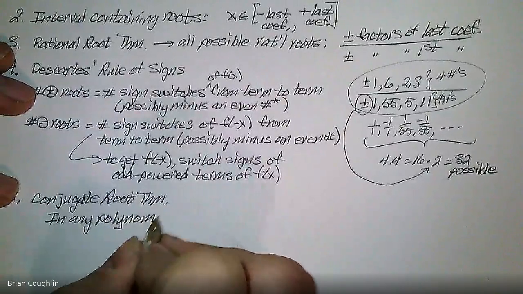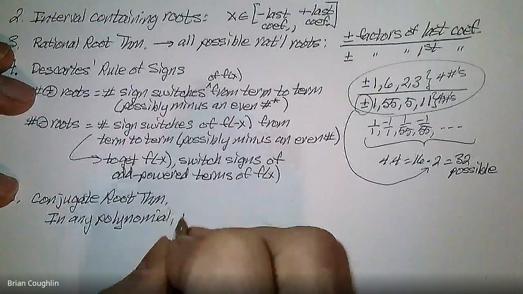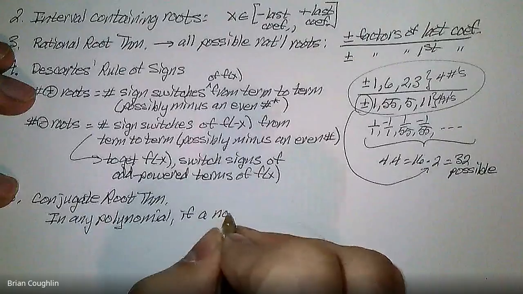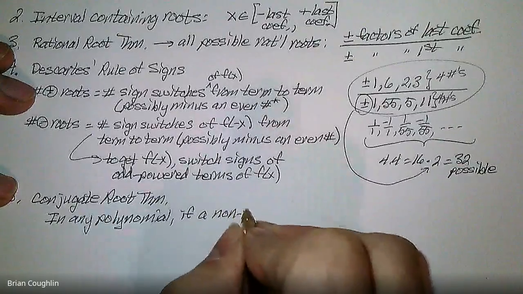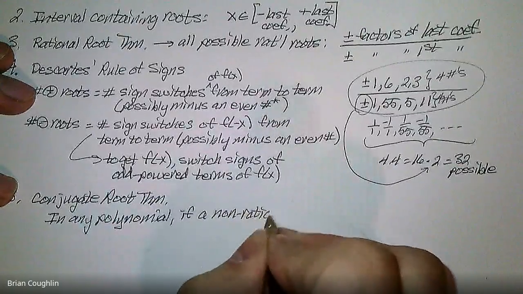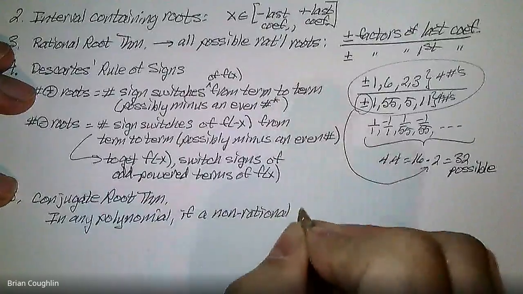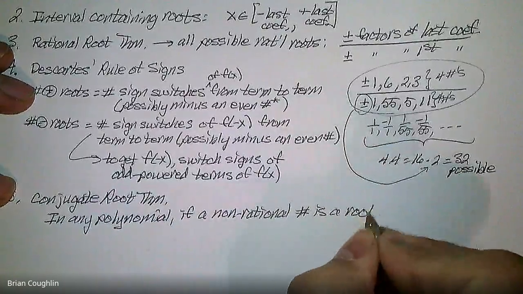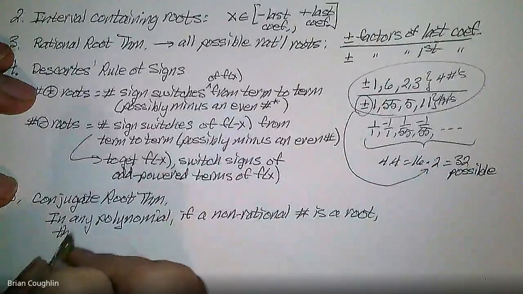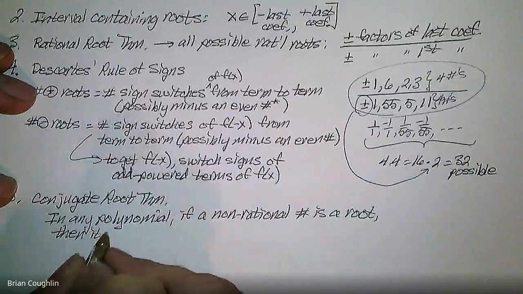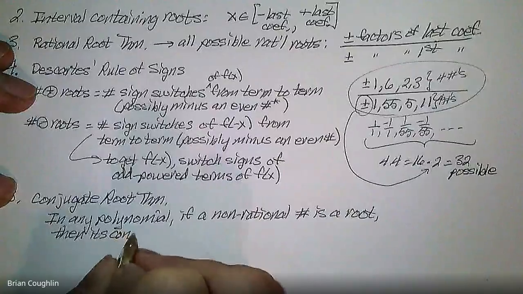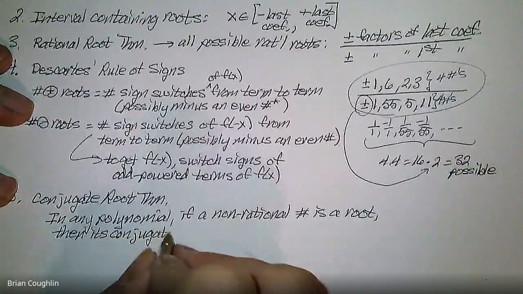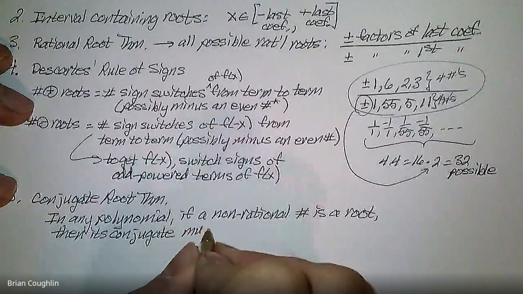In any polynomial, if a non-rational number is a root, then its conjugate, I write so slowly, sorry, conjugate must also be a root.